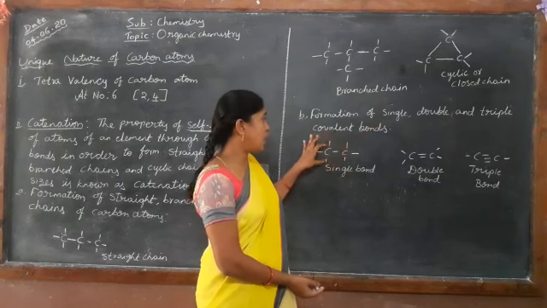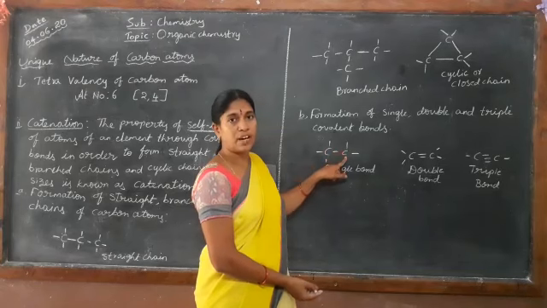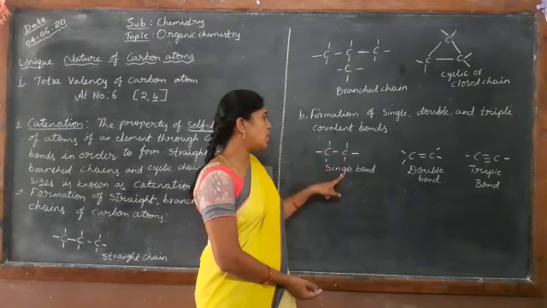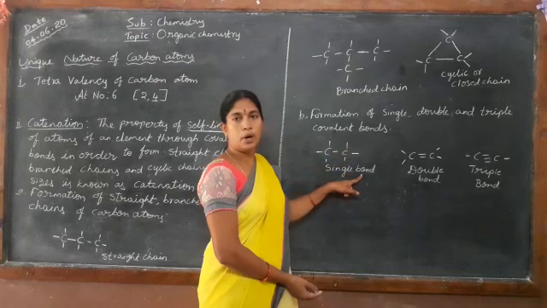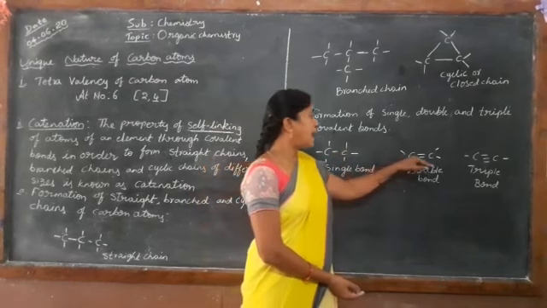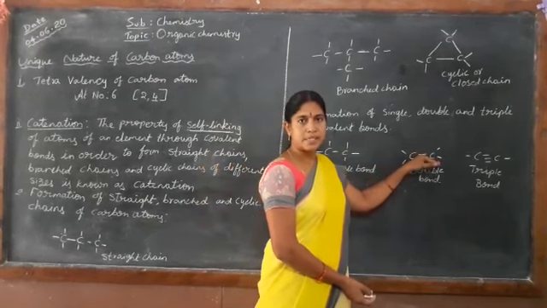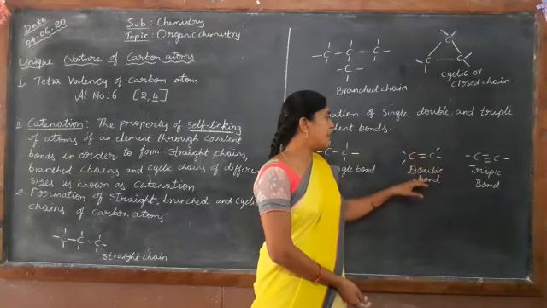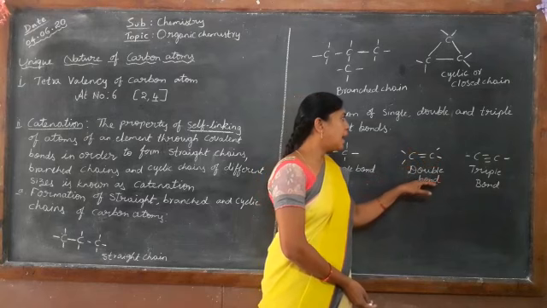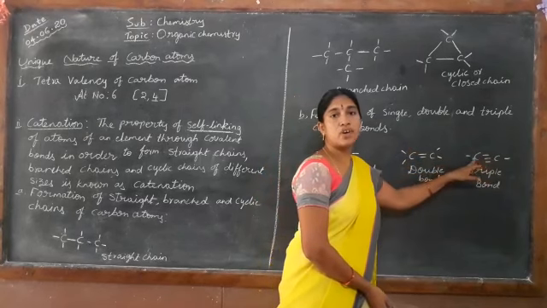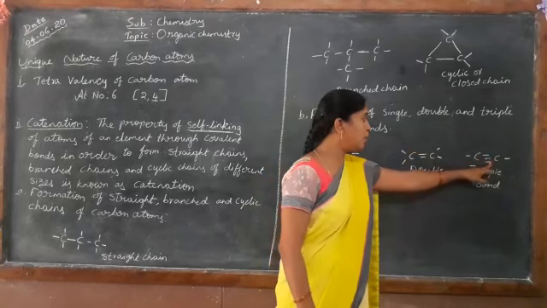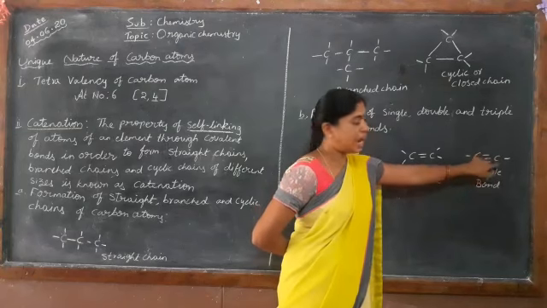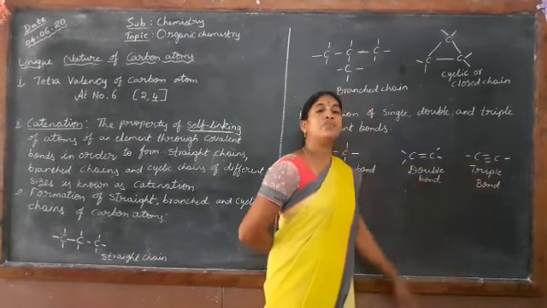If they are sharing only a single pair of electrons, then it is called a single bond. If among the 2 carbon atoms, 2 pairs of electrons are shared, then it will have a double bond. If 3 pairs of electrons are shared among the two carbon atoms, it will form the triple bond.